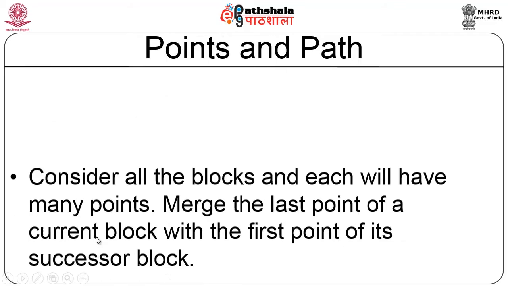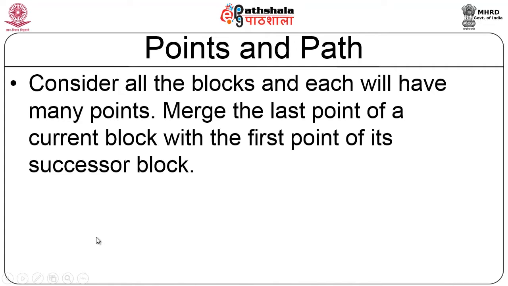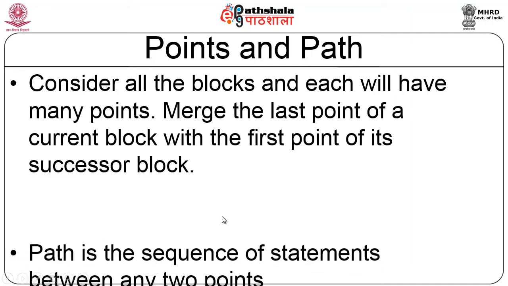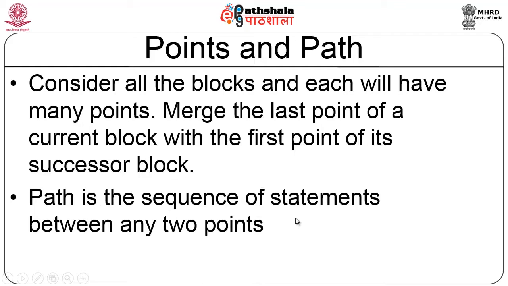Consider all the blocks: each will have many points, and typically the last point of the current block is merged with the first point of the successor block. Therefore, they can be looked upon as a single point when you look at data flow across basic blocks. A path is a sequence of statements between any two points.